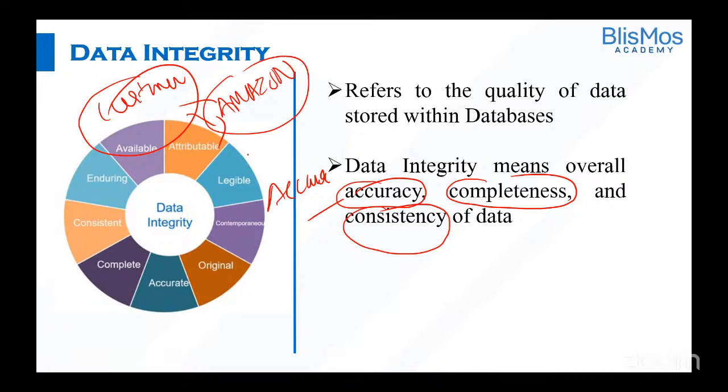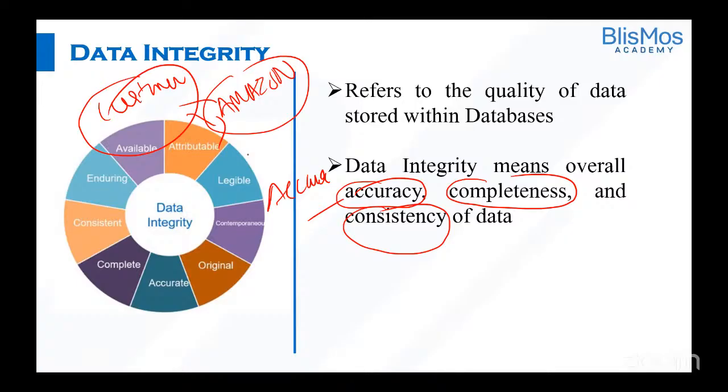A particular customer name may be there in different tables. Let us say his name is Subramaniam M, a hypothetical example. In one table he is listed as Subramaniam M. In another table, the same customer should not be named Subbu. It should be consistent.